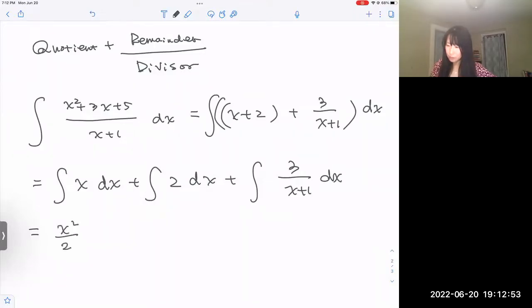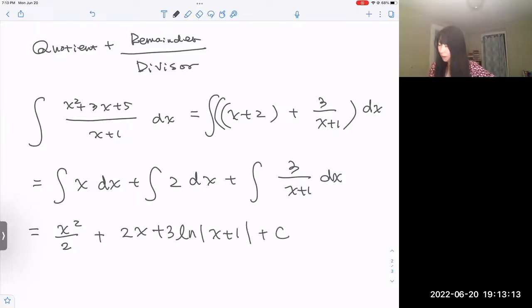Excellent. Second term? 2x. Excellent. Third term? Plus 3 ln absolute value of x plus 1. Very good. Plus C. Okay, that's how we do.